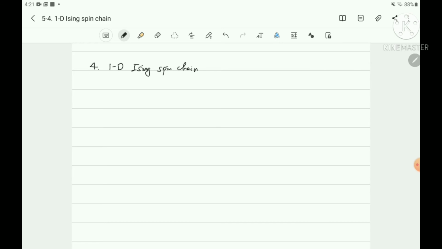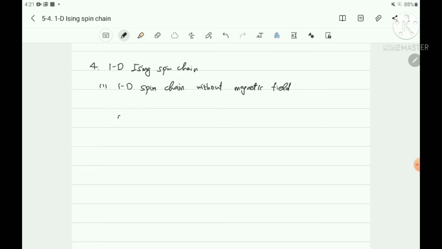At first, let's consider it without a magnetic field on the spin chain. Consider a chain of length n with free ends and zero magnetic field.